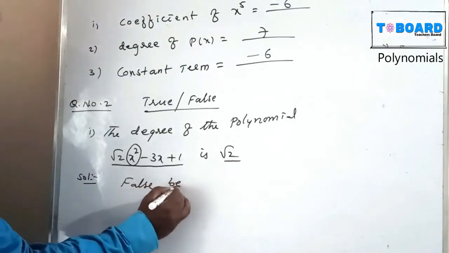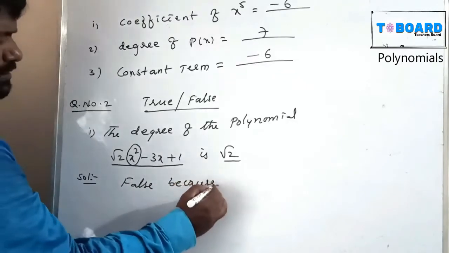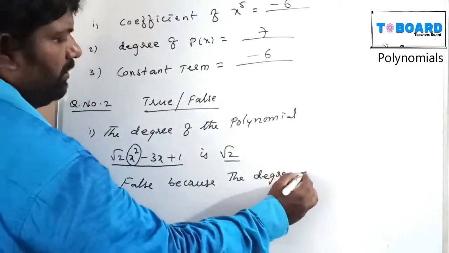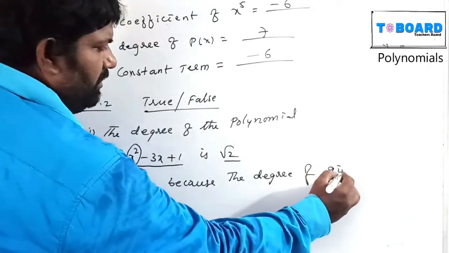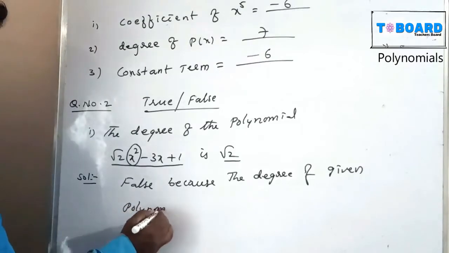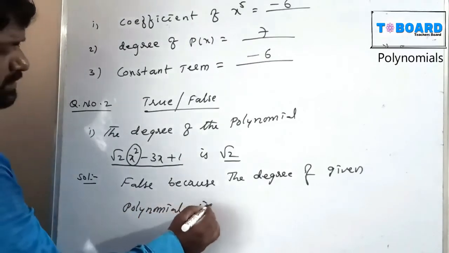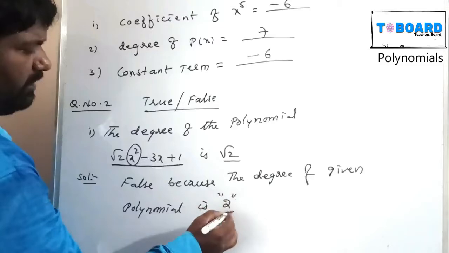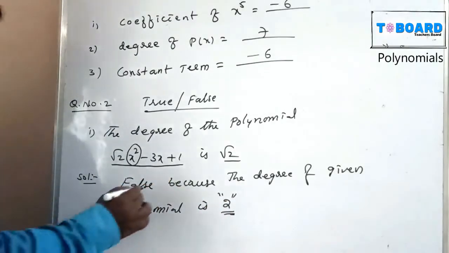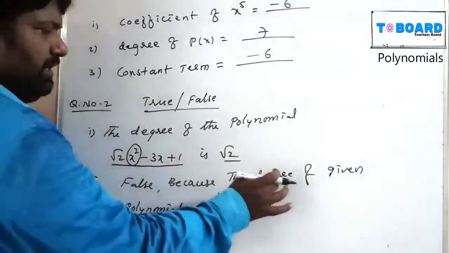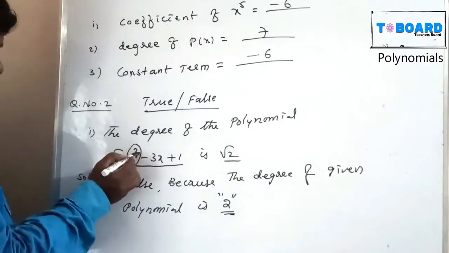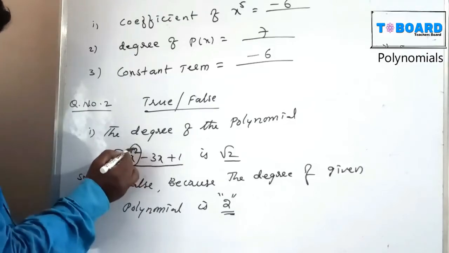Because the degree of the given polynomial is 2 only, not root 2. Degree means the highest power of x, and the highest power of x is 2.